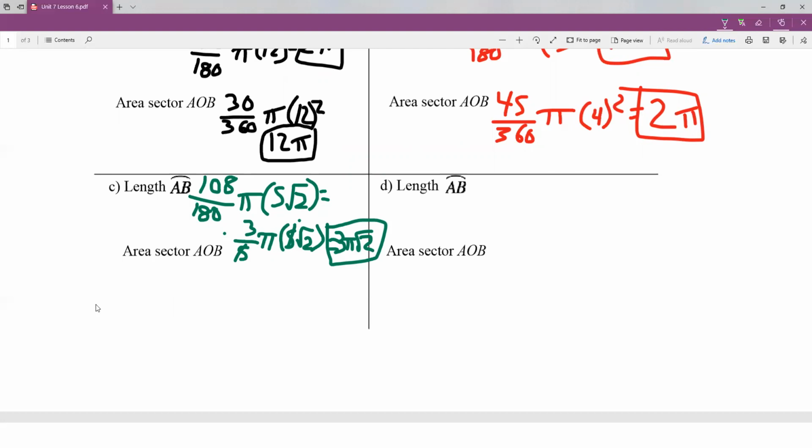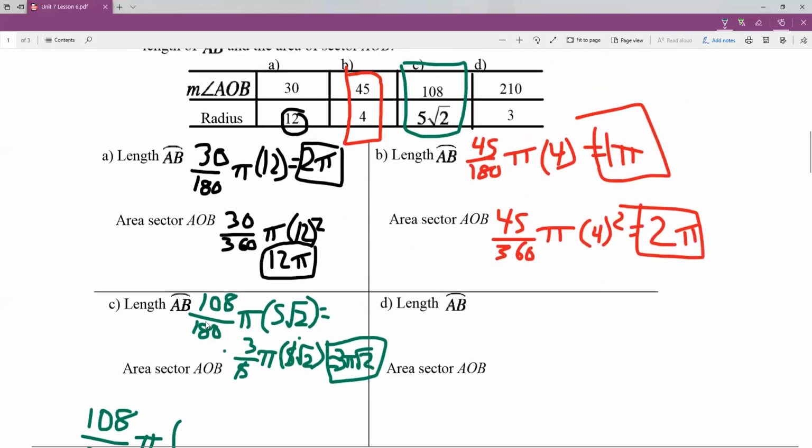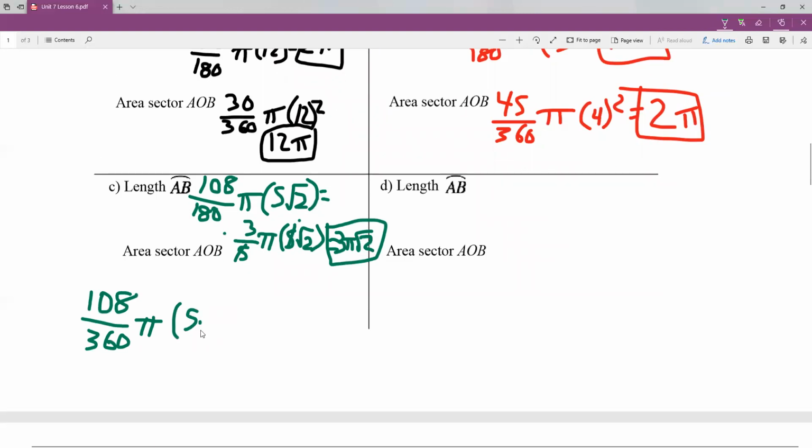All right, and then the area of the sector. The area is 108 divided by 360 pi r squared, which in this case is 5 root 2 squared. 108 divided by 360 gives me 3/10. So 3 over 10, and pi. Can't forget the pi. Then we have to square this. When I have two things inside the parentheses being multiplied together, I have to apply the square to both of them.